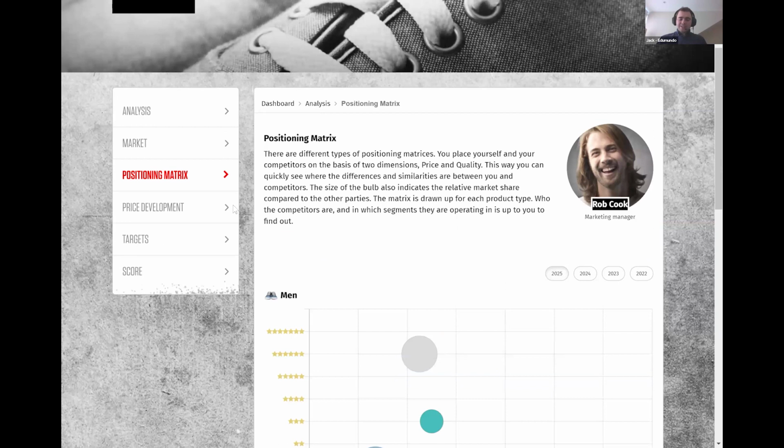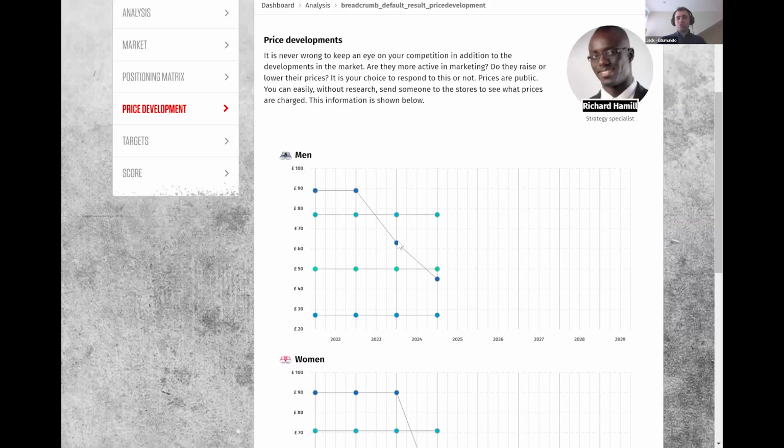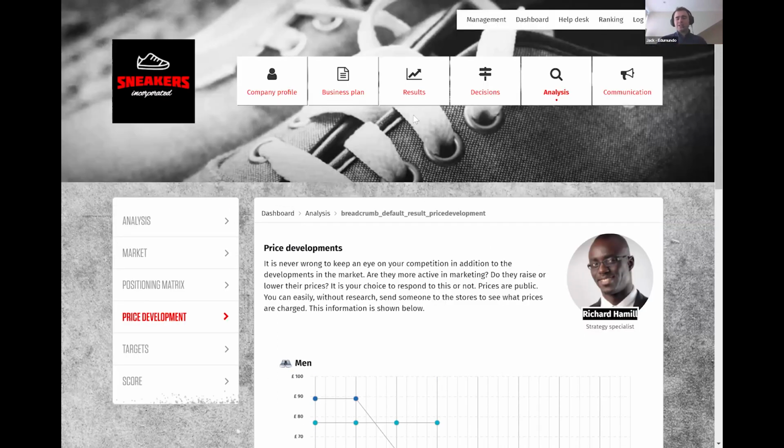But that's about it in terms of everything within the market. There is also price developments that you can also track over the course of several rounds if you would like, and see whether or not teams are increasing or decreasing their prices, and then for you to then make better decisions.